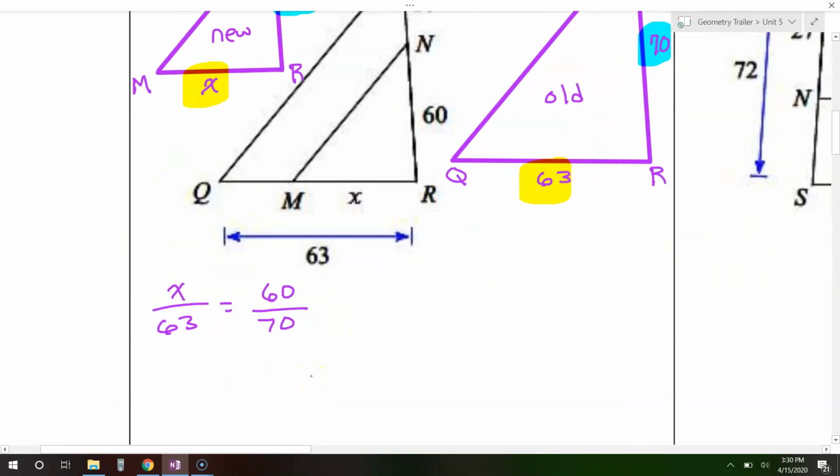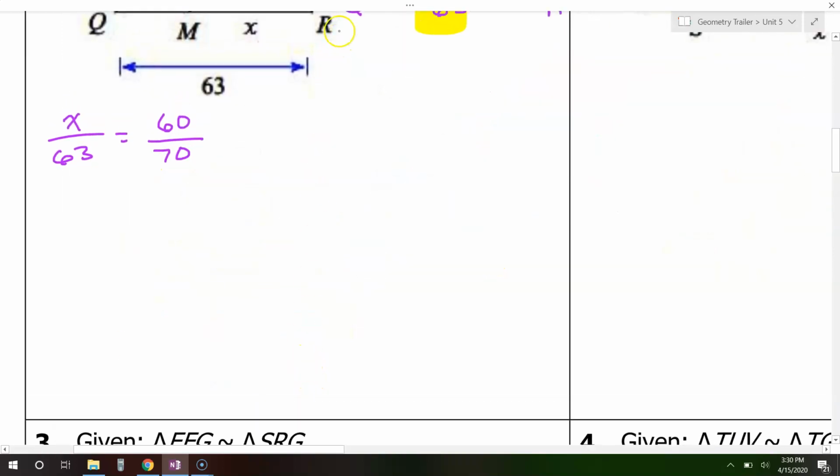So then it's just a matter of cross multiplying. So I can make a new equation by multiplying this diagonal. So that would be 70x. And I'm going to set that equal to the multiplication of the other diagonal.